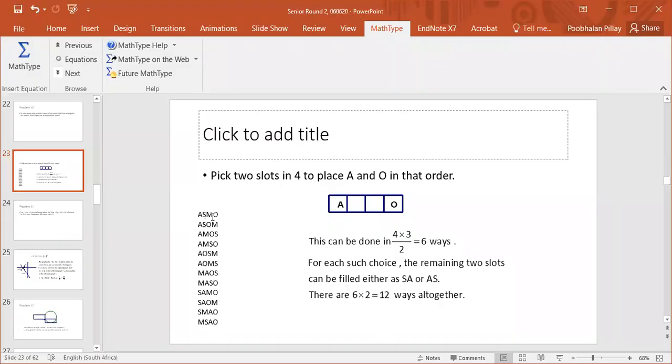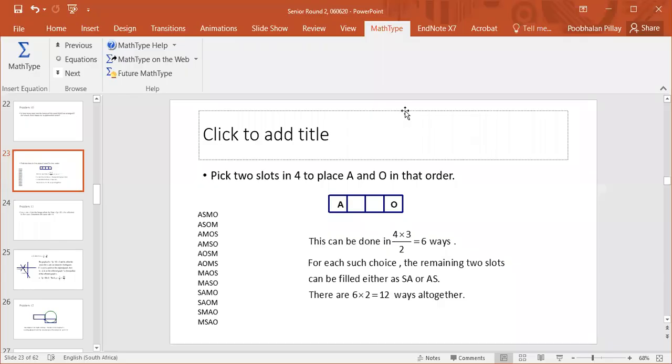In each arrangement, you can think of these as 4 boxes to be filled with letters A, S, M, and O. I need to know how many ways I can fill these boxes, the condition being that the A must come before the O. So the way to do this is to take one particular choice, like here I've chosen A to be here and the O to be the last one, and then ask in how many ways can I fill this box? I can put S and M here, or I can put M and S in that order.